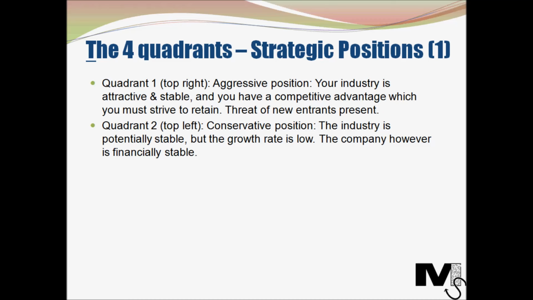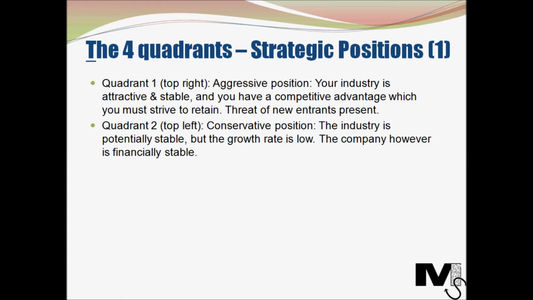This position indicates that the industry that you operate in is attractive and stable, and you do have a competitive advantage which you can strive to retain. Okay, there's always a threat of new entrants, but to counter this, you could focus on increasing your own market share. So that is the strategic position that you take if you land up in the first quadrant, as we have in this example.